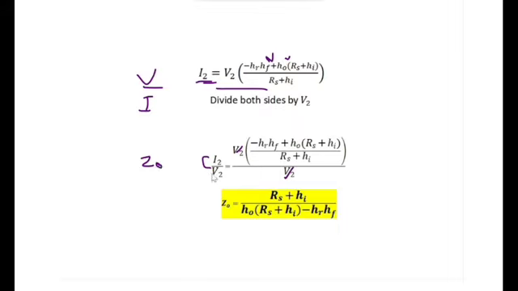Then the whole equation can be written as ZO is equal to Rs plus Hi by Ho into Rs plus Hi minus HR into HF. This is the finalized output impedance equation in H parameters of a BJT.